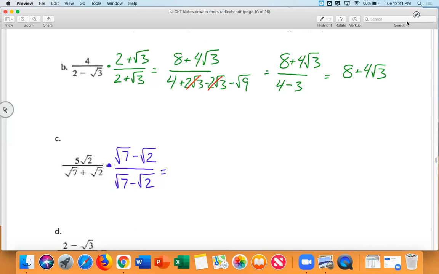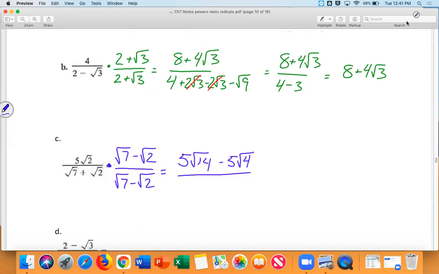All right, let's look at C. So with C, I'm gonna have 5 root 2 times root 7, that's gonna be 5 root 14. 5 root 2 times negative root 2, that's gonna be negative 5 root 4, okay? I'm not trying to skip any steps here, I know I can reduce that.